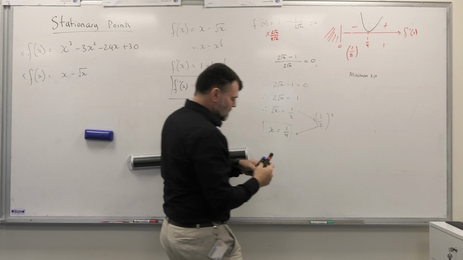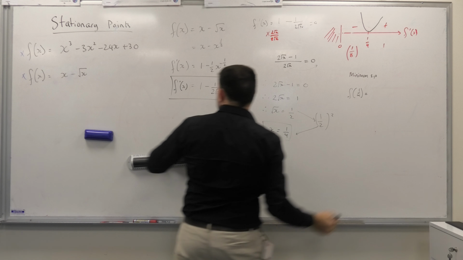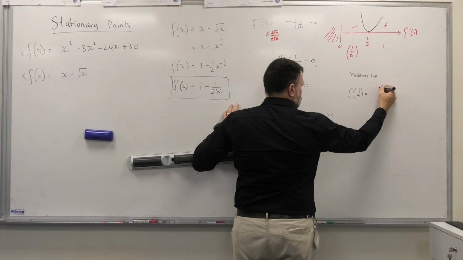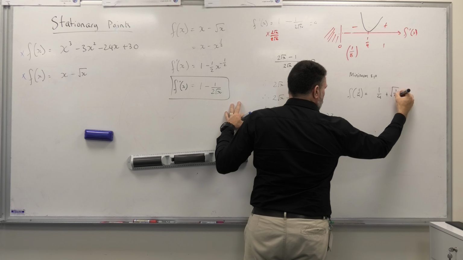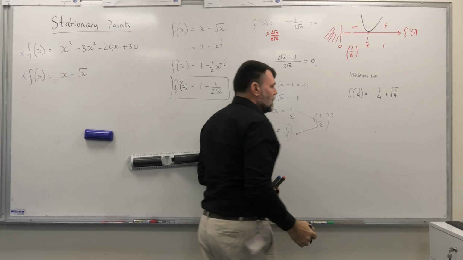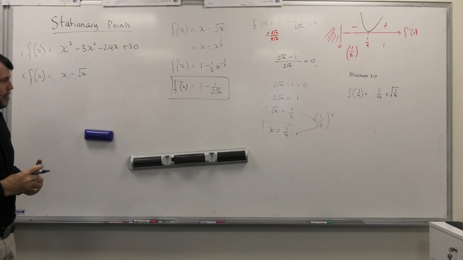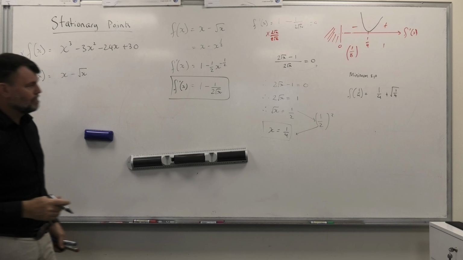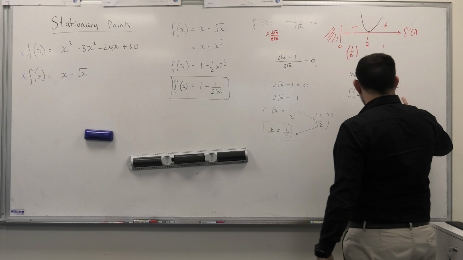So we're going to put this into the original equation, so I'll get 1/4 plus the square root of 1/4. Now we know that the square root of 1/4 is going to be the opposite to what we had before, because the square root of x is equal to a minus, not plus, minus.